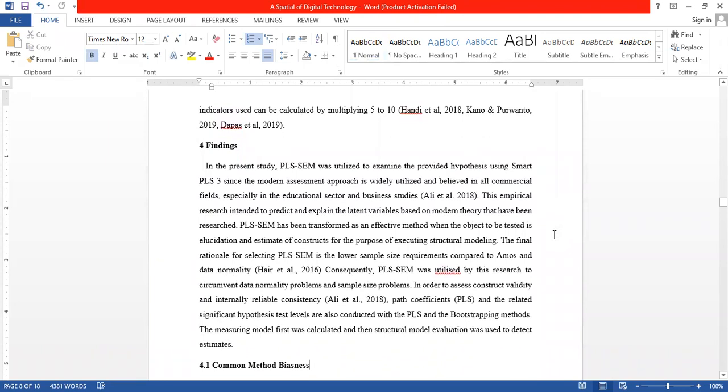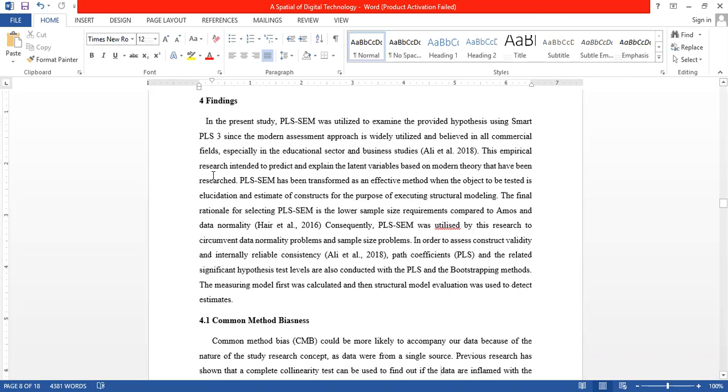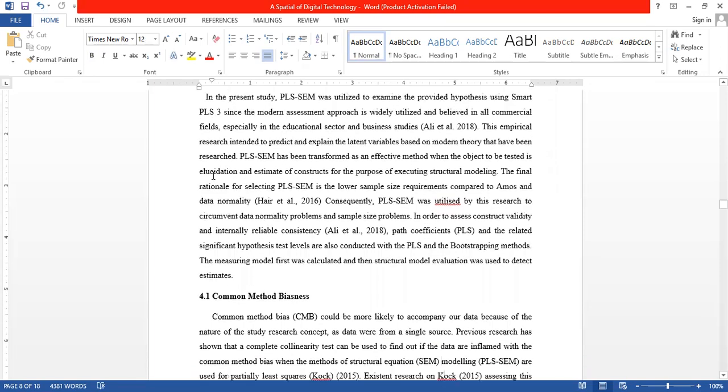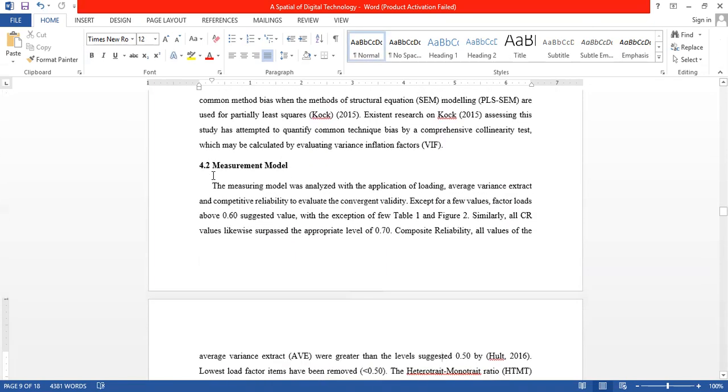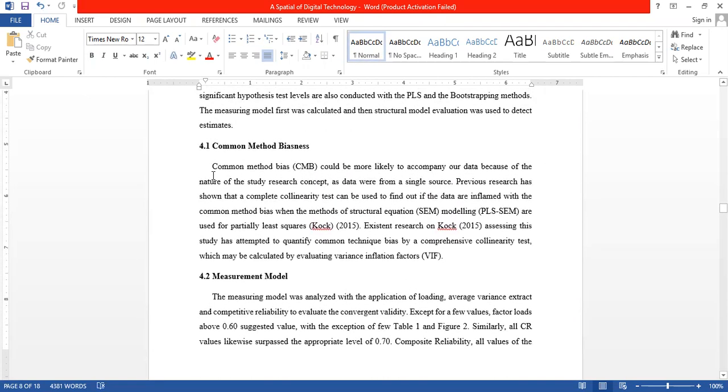In findings, you will tell what type of software you used, and you will also give previous research that has used it, and why you used PLS in your research. You will also mention it, and after that, you will tell about the headings of the measurement model or structural model, or how you conduct the analysis overall.